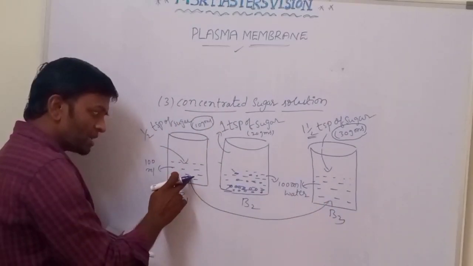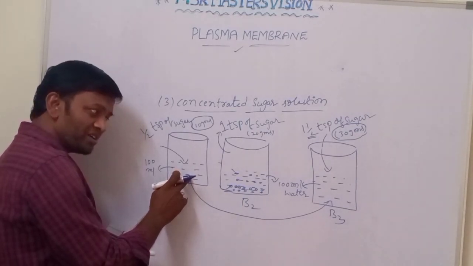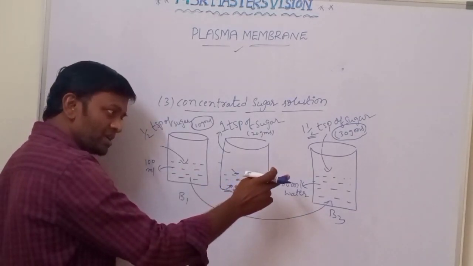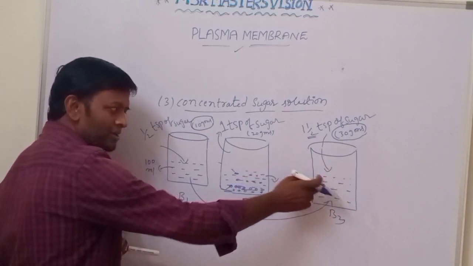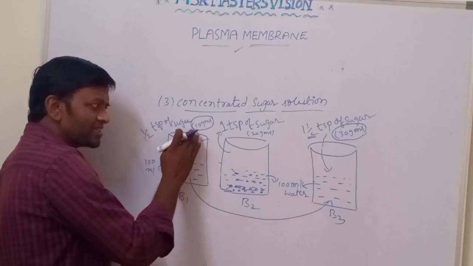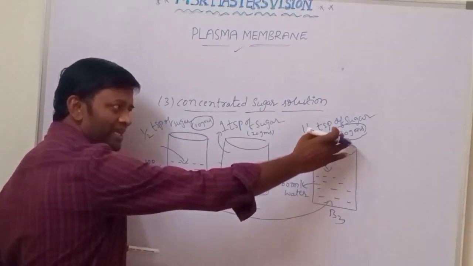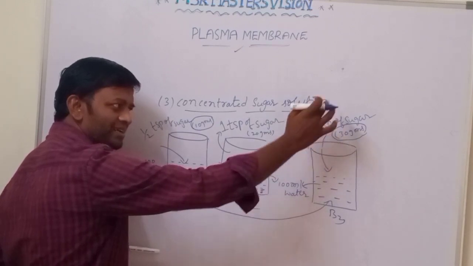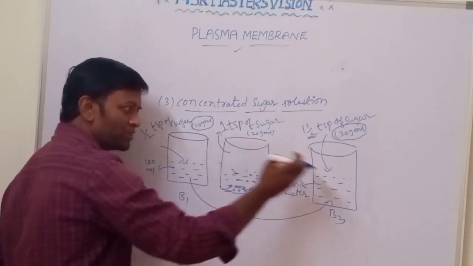The beaker 1 sugar solution concentration is 10 grams only, but the beaker 3 sugar solution concentration is 30 grams. How can you convert this sugar solution concentration into this?